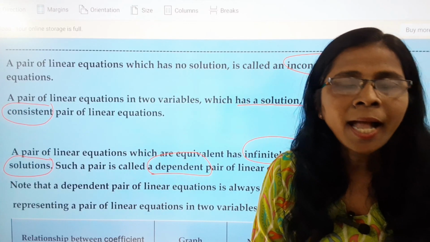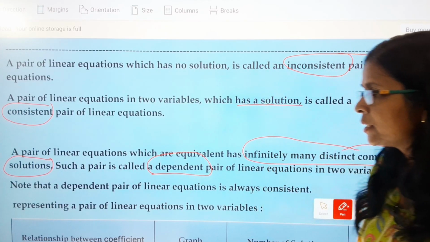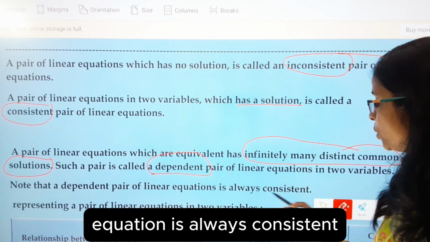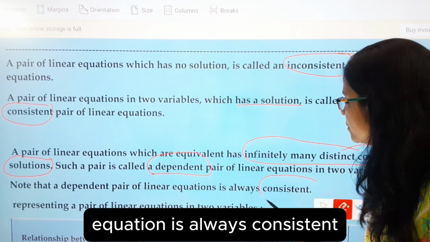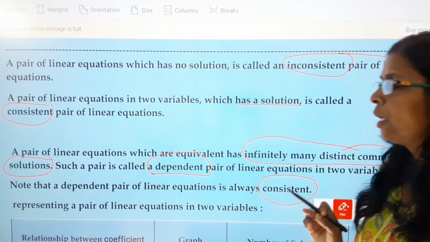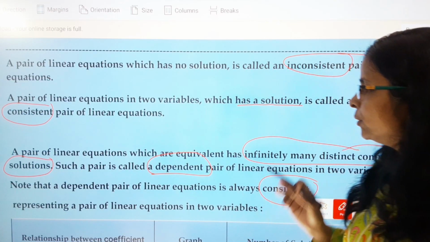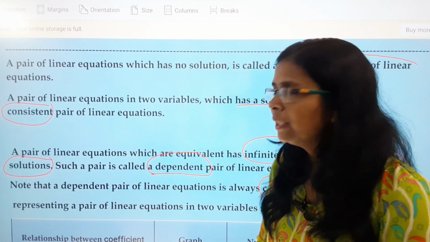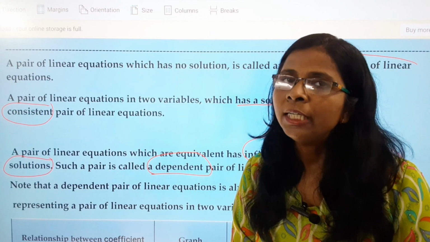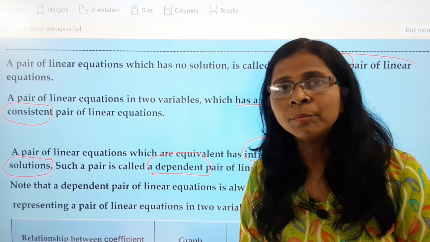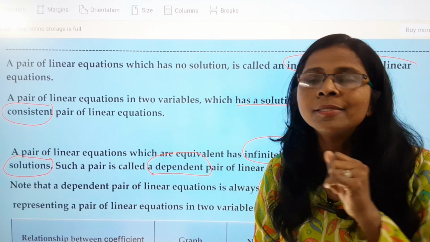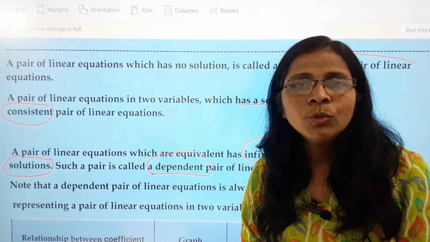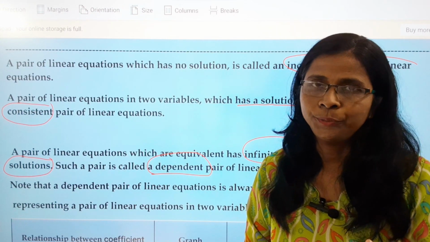And the next one: a dependent pair of linear equations is always consistent. If you get infinitely many distinct common solutions, then such a pair of linear equations in two variables is consistent. Being consistent means they have a solution.